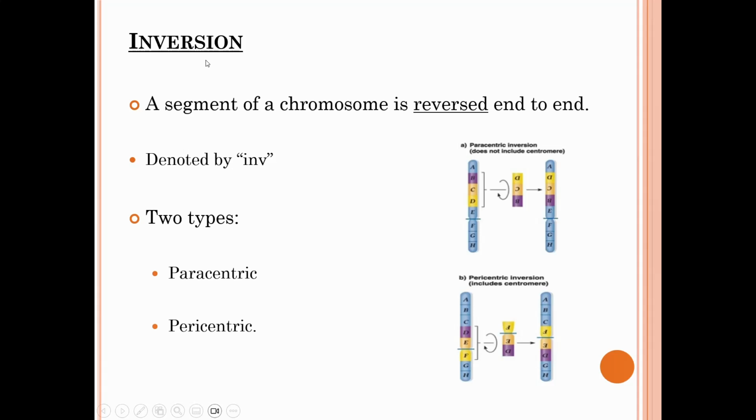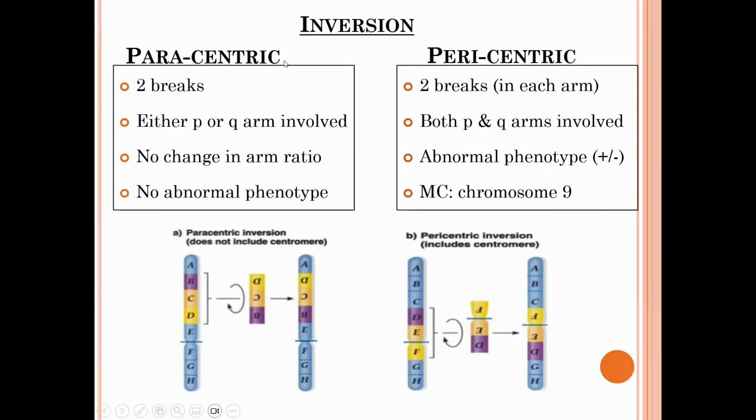This is inversion. It can be paracentric or pericentric. In case of paracentric, there are two breaks, either the P or Q arm is involved. No change in the arm ratio because it is involving one side of the centromere, so there is no abnormal phenotype.